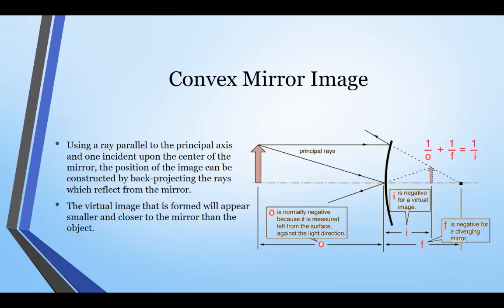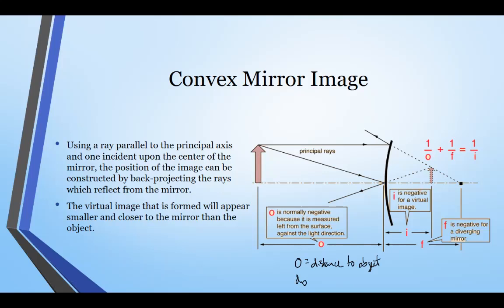We use some key terms here. O is the distance to the object, and sometimes you'll see them use the term D sub O for distance to object.